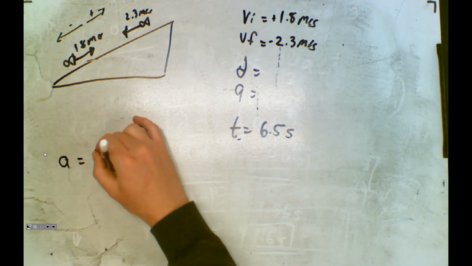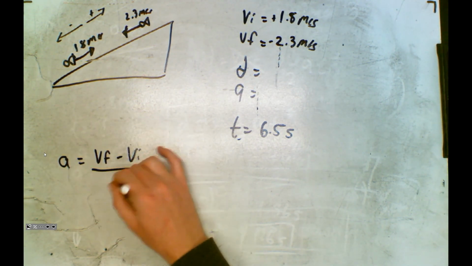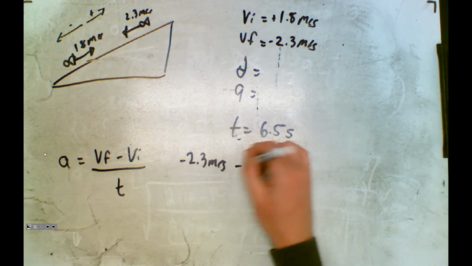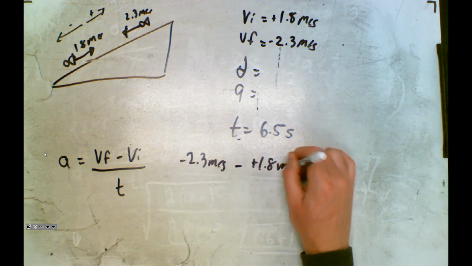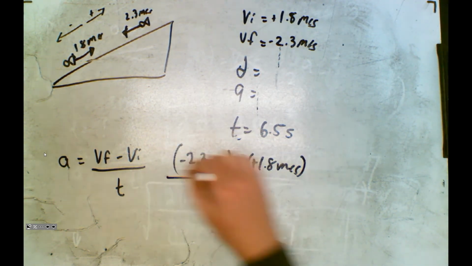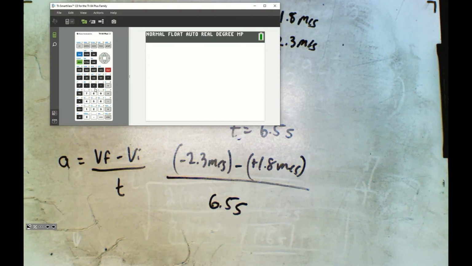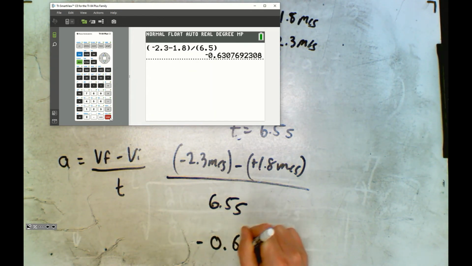We use acceleration equals final minus initial all over time. So my final speed is negative 2.3 meters per second, and my initial speed is positive 1.8 meters per second. I divide it by a time of 6.5 seconds, and when I type this into my calculator, negative 2.3 minus 1.8 divided by 6.5, I get an answer of negative 0.63.